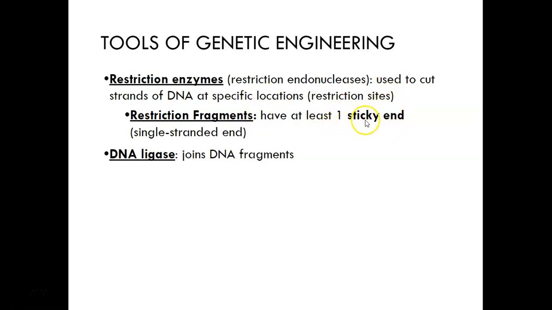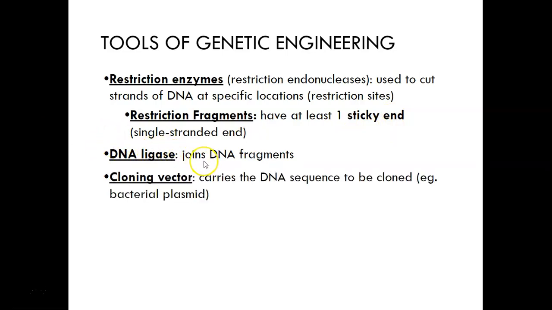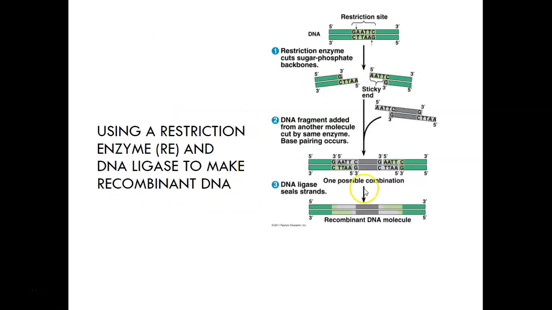That's how we utilize that function to cut and paste different chunks of DNA together. Ligase is the glue that is joining DNA fragments together. And we paste it all in what we call a cloning vector, which is a plasmid that has everything that we want.